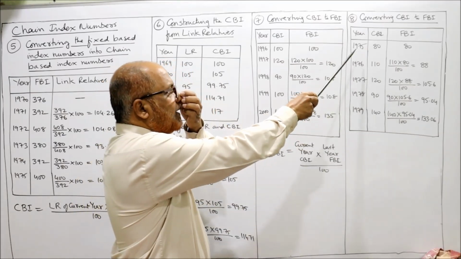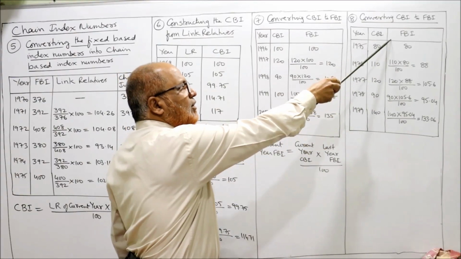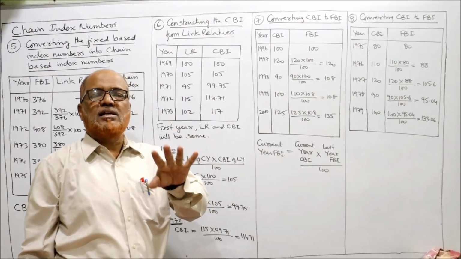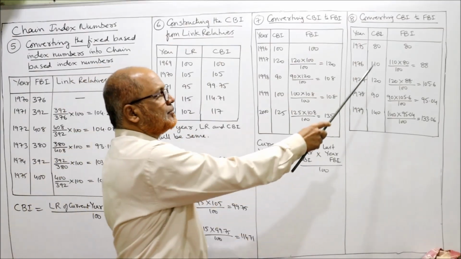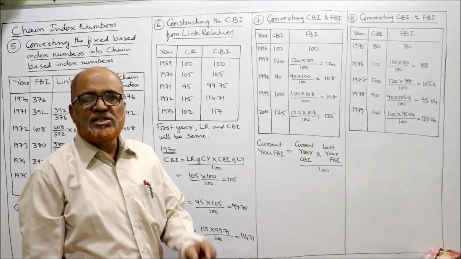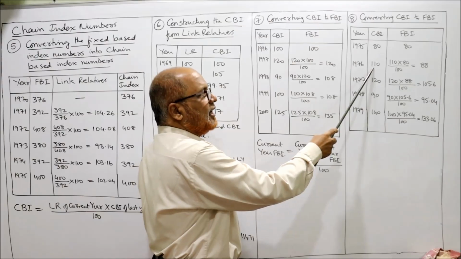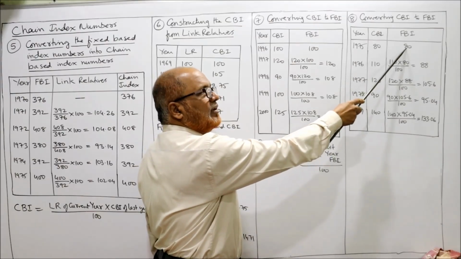So converting CBI to FBI, CBI is given in the problem, FBI we have to find out. For the first year, CBI and FBI are both the same. Now for the second year, current year CBI into last year FBI divided by 100.